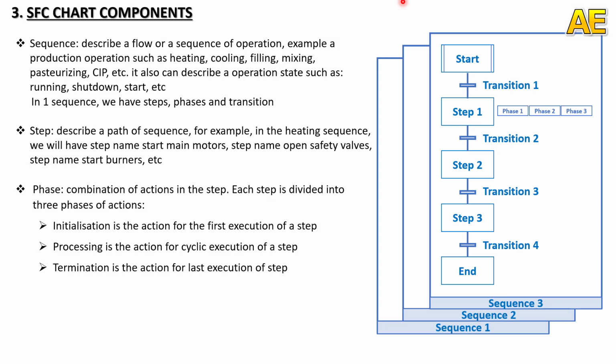And about executing steps and transitions of the sequence, the start step is activated when the chart is started without a query condition, and each action is executed. A step can be active or inactive.